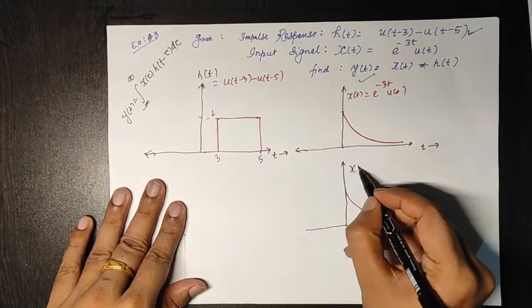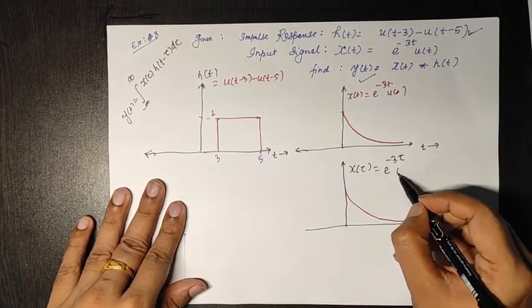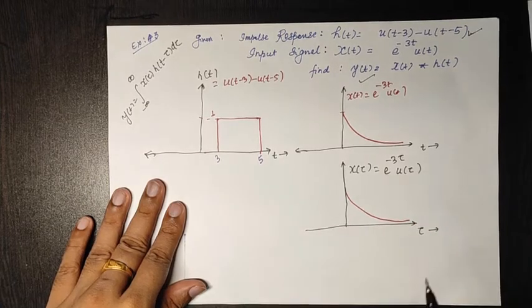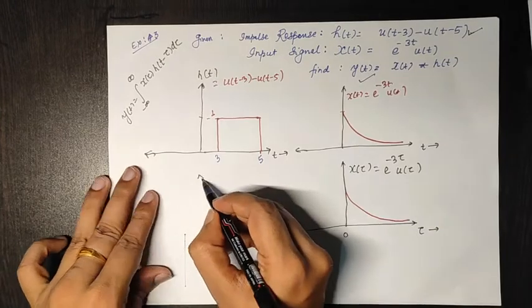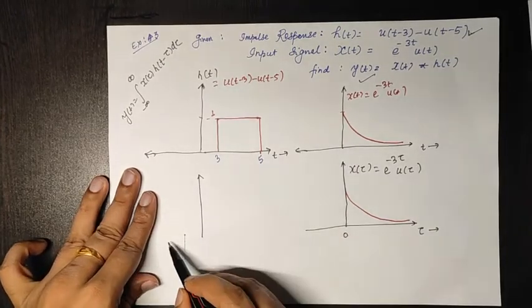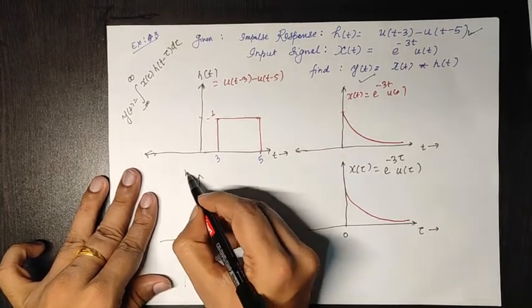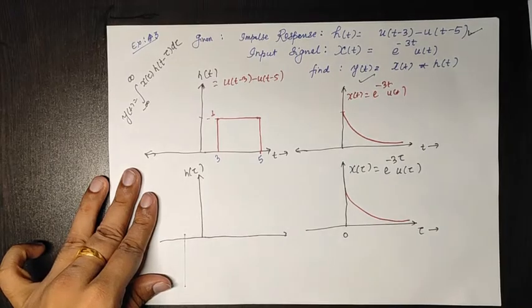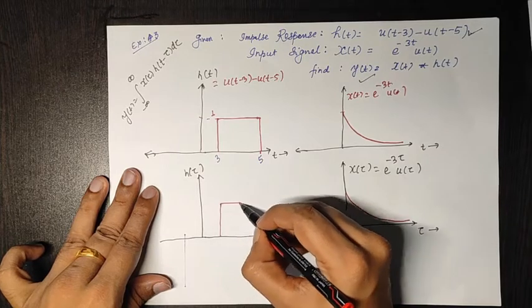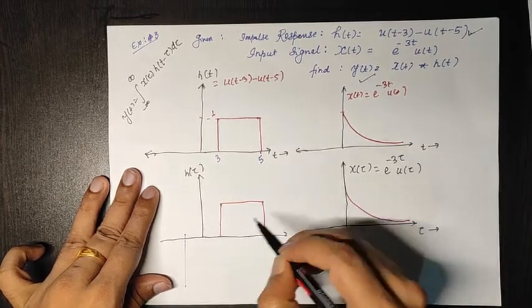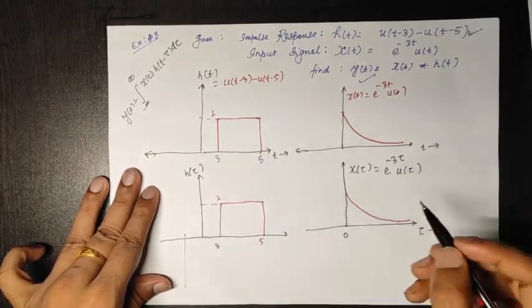Now it is x of tau, e to the power minus 3 tau u of tau, and similarly h of tau will be the same, 3 to 5, 1 unit.